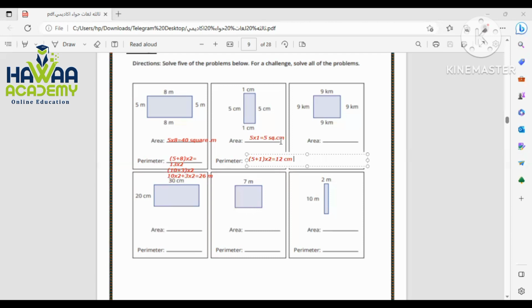The area, 9 times 9 equals 81 square kilometers. And the perimeter will be 9 times 4 equals 36 kilometers.